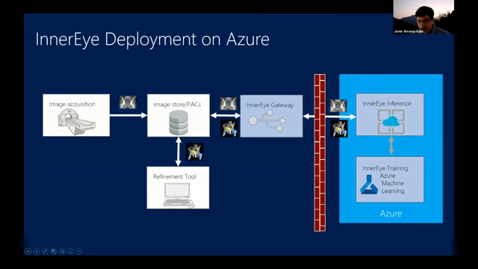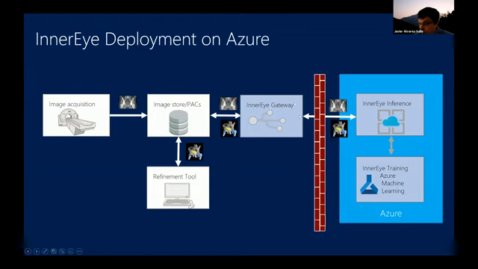The InnerEye gateway connects the hospital with the cloud. When you get a CT scan from the scanner, it goes into the PACS, and then we can call the gateway automatically once a new image is inserted. The gateway will decide what machine learning model needs to be executed based on the DICOM tags on the image.